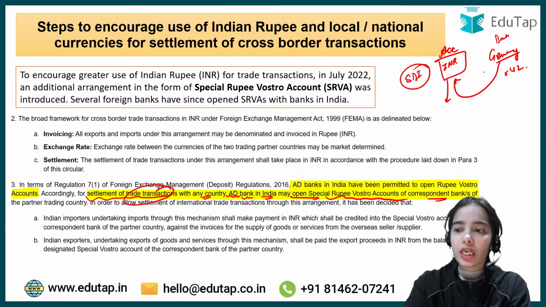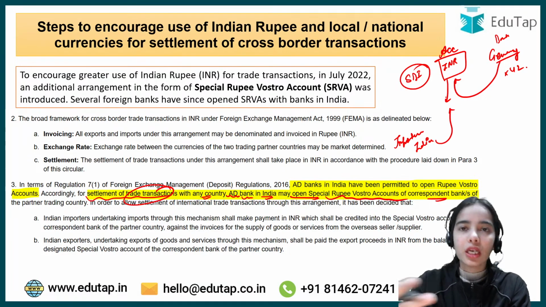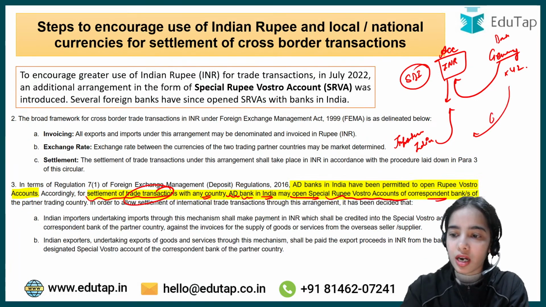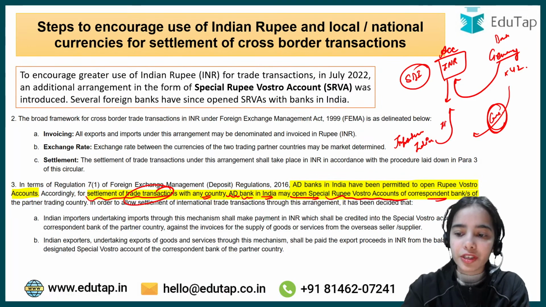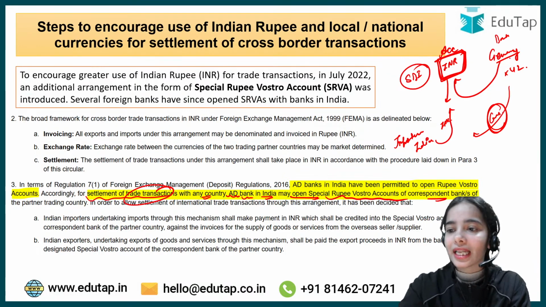In this account, the importers of India will pay for the import that they are doing from Germany. Let's say we are buying cars from Germany. For the imports of the cars, we are paying in Indian rupees, and these Indian rupees are going to the account of the German bank, and the money is going to the German exporters in the German currency only.